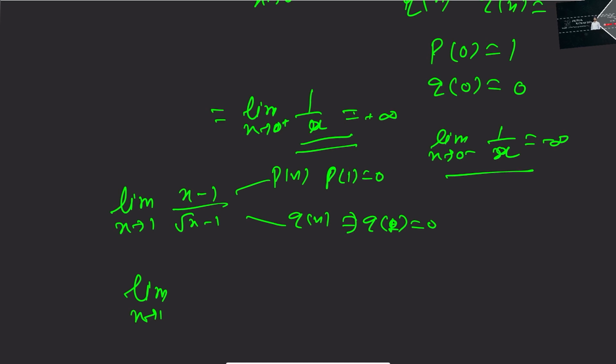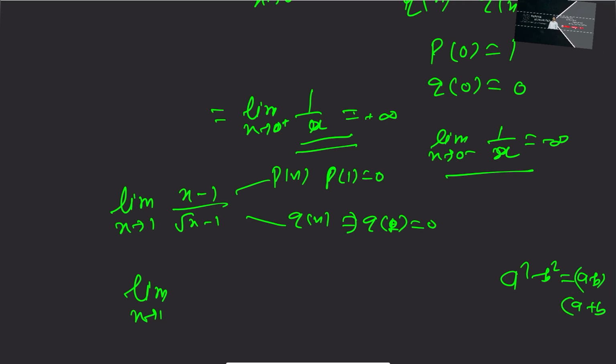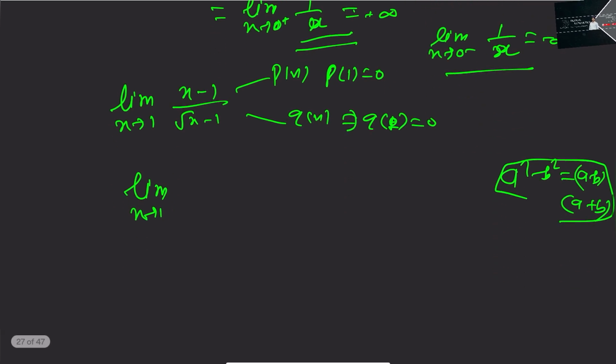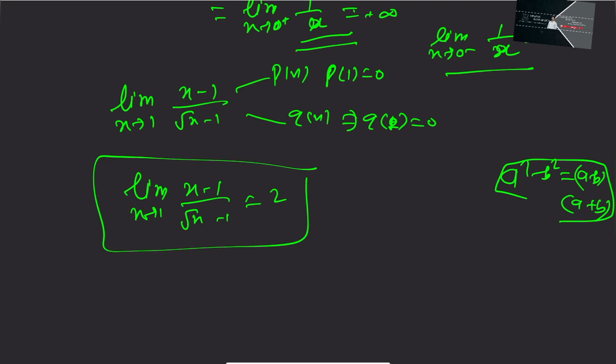Either we can rationalize it and use the formula a square minus b square equal to a minus b into a plus b, and then further simplify it. We know that x minus 1 over root x minus 1 is going to be 2.